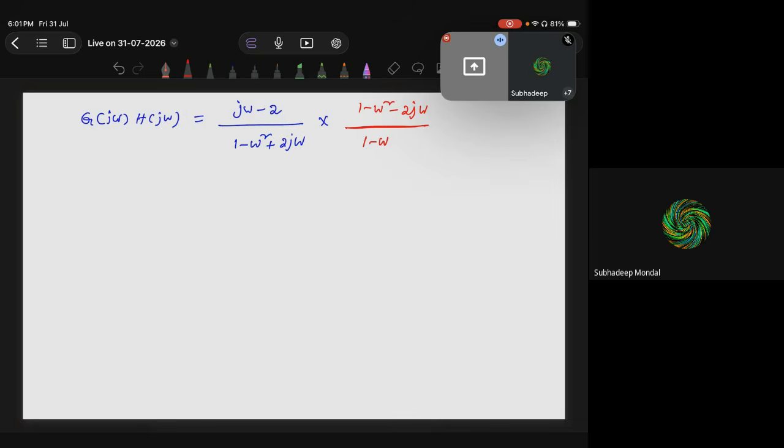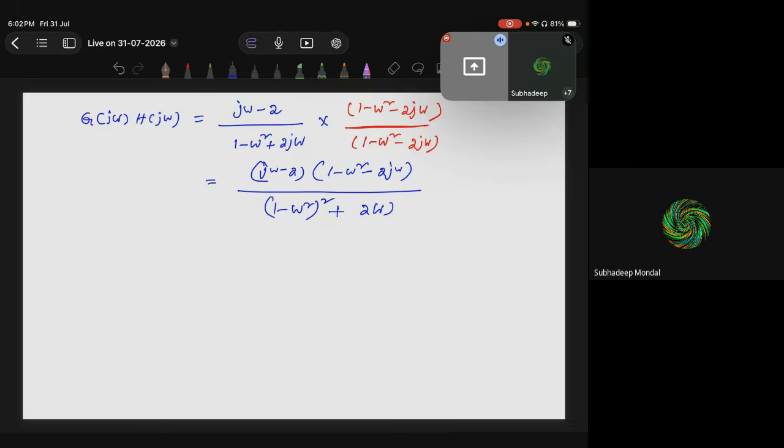So how does this change? j omega minus 2 multiplied by 1 minus omega square minus 2j omega. Here we get (1 minus omega square) whole square plus 2 omega square. Clear?